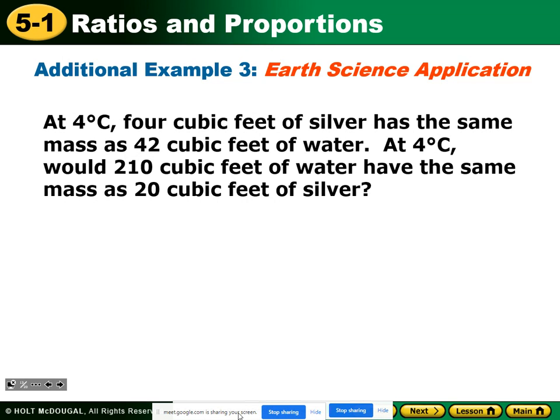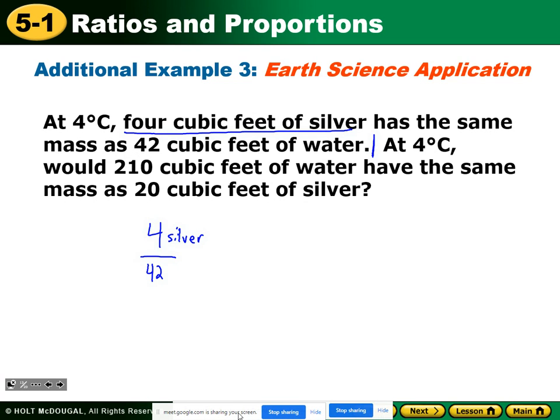Did they give us a ratio that we could write from this first sentence? Did they give us a fraction if we stop right there? Yes. 4/42. All right. So 4 cubic feet of silver over 42 water, right? And labeling is important.